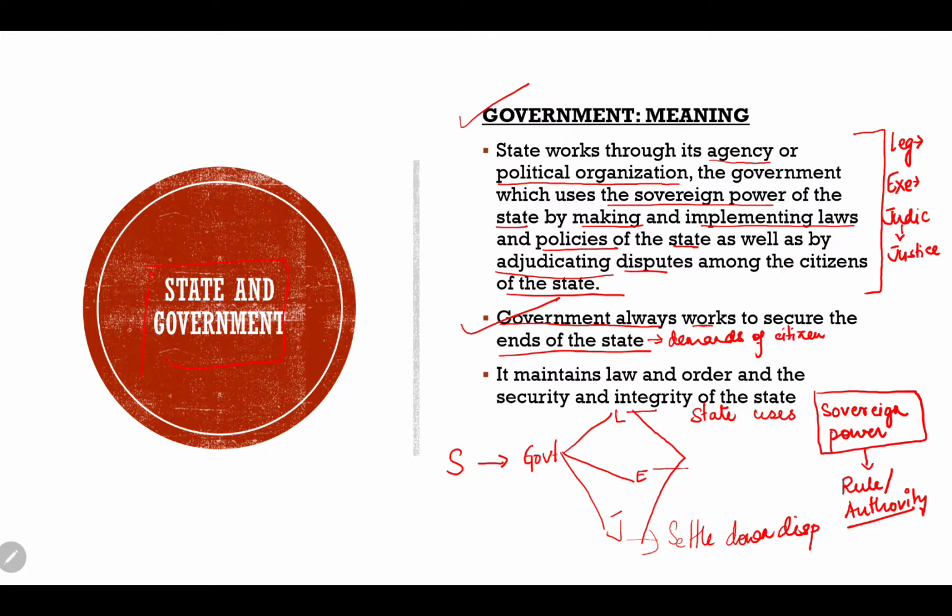Because if the mechanism of government, with its 3 organs, does its work judiciously, then the ends of the state at the end of the time will be good, and the government maintains law and order, security and integrity of the state.